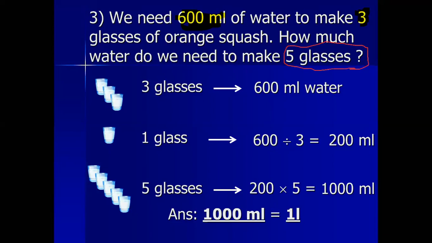It will equal 200 milliliters for 1 glass. Now to make 5 glasses, I will multiply the answer for 1 glass by 5. Yes, so it will equal 1000. Right, that's it. Excellent.